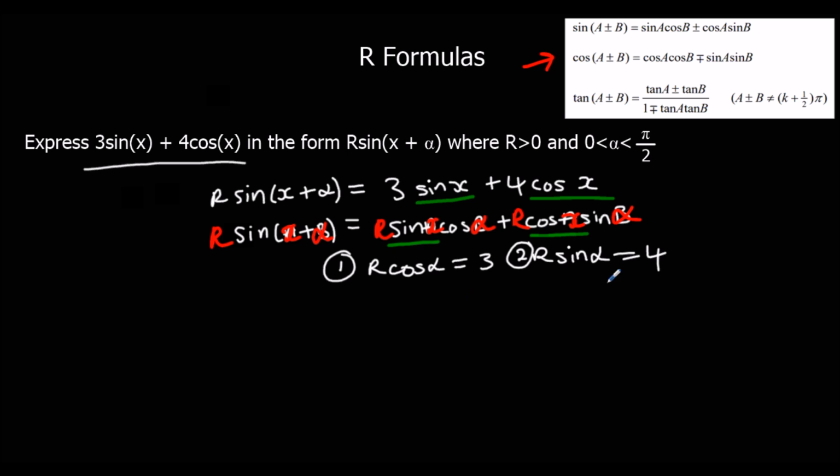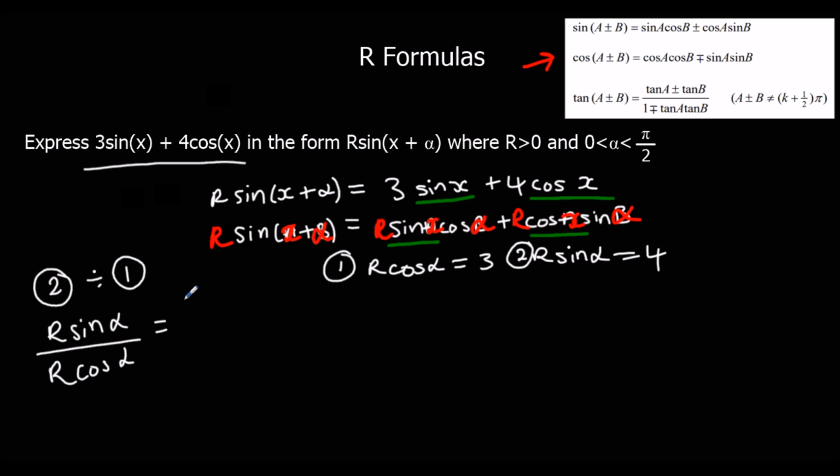So to find alpha first, we do the sine over the cos equation. So 2 divided by 1, r sin alpha over r cos alpha equals 4 over 3. The r's cancel out, and we've got sine over cos, which is tan alpha.